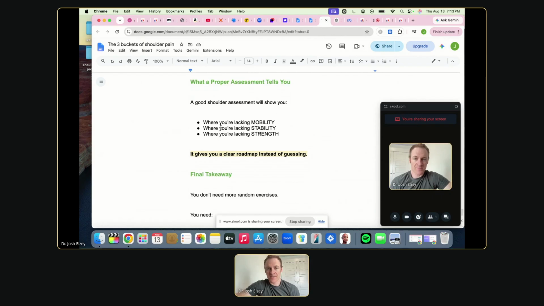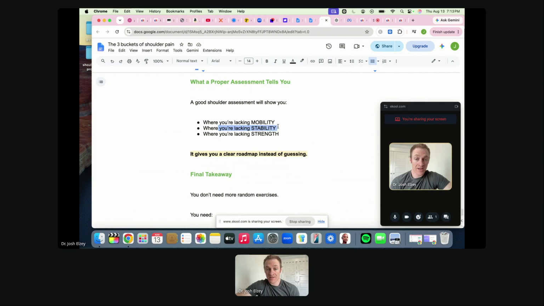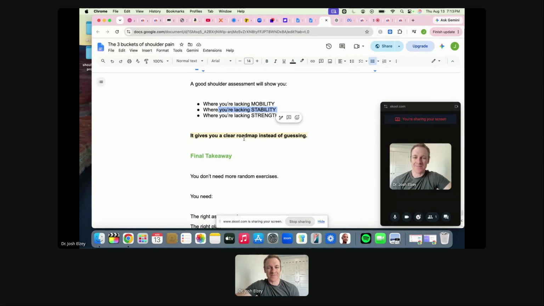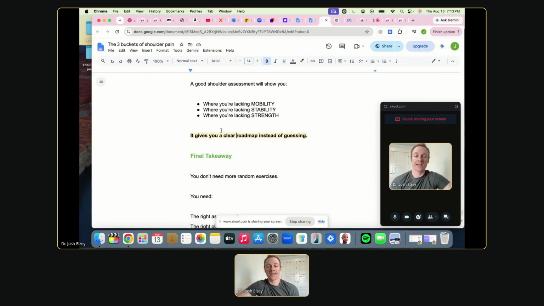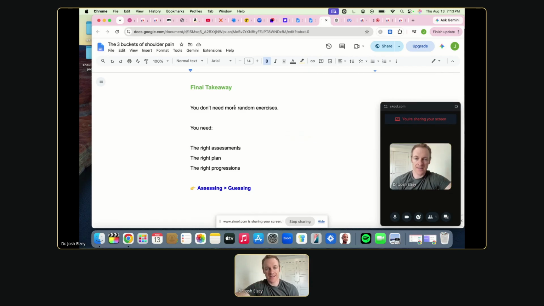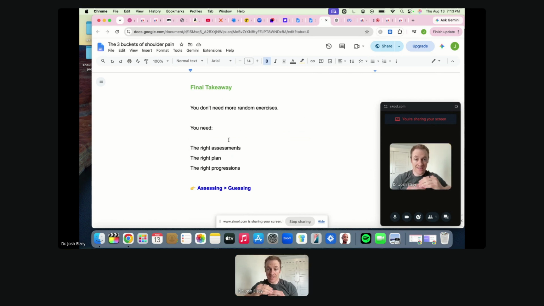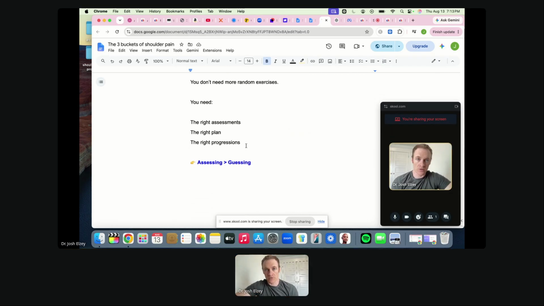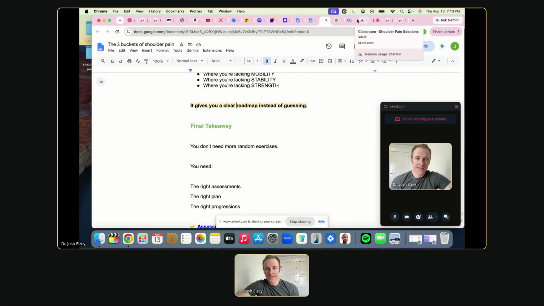A good shoulder assessment is going to show you exactly where you're lacking mobility, where you have some relative stability or strength issues, and it'll give you a clear roadmap, so that you're not just continuing to spin your wheels. So no more random exercises, right? Make sure you do the right assessments so that you can have a personalized roadmap and find the appropriate exercise progressions for your shoulder.